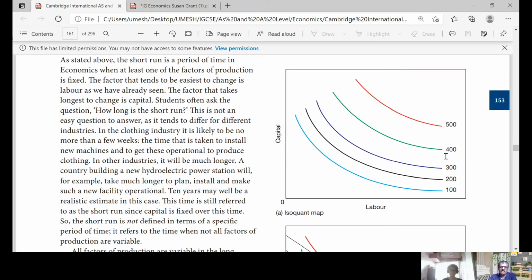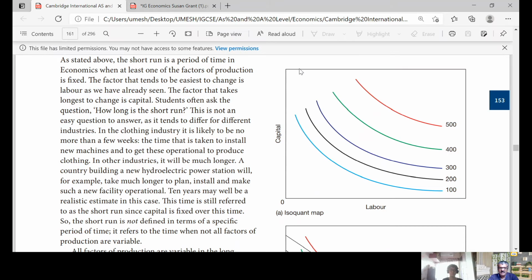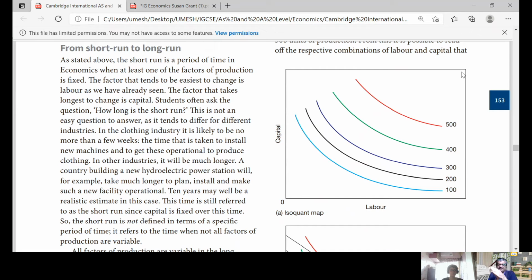If I want to produce, I cannot draw over here, otherwise I would have drawn from here. If you draw from 0 at a 45 degree angle, it will be equally labor and capital used.